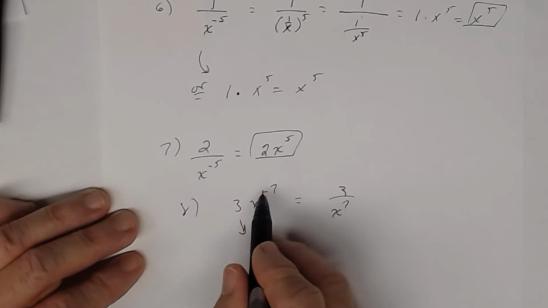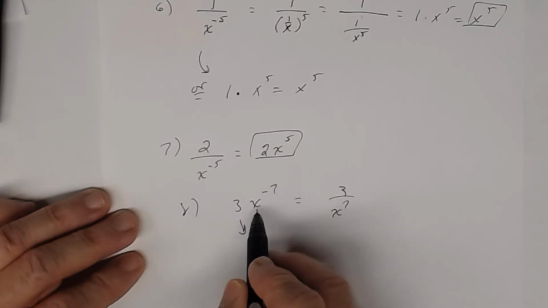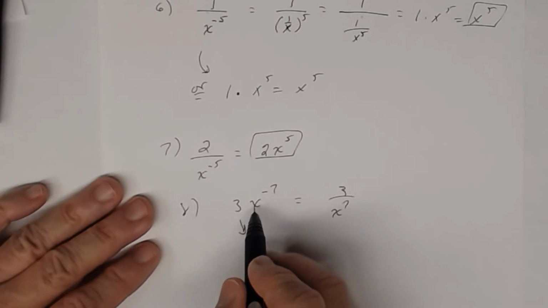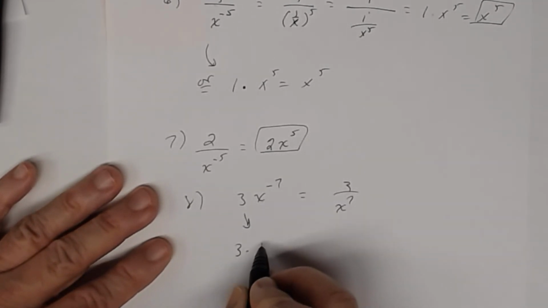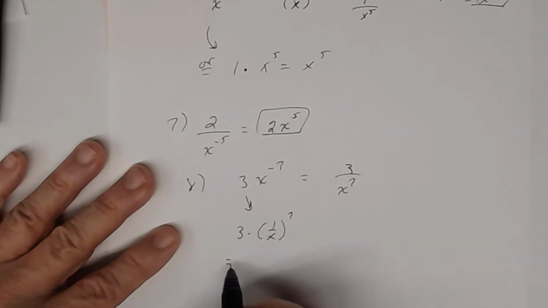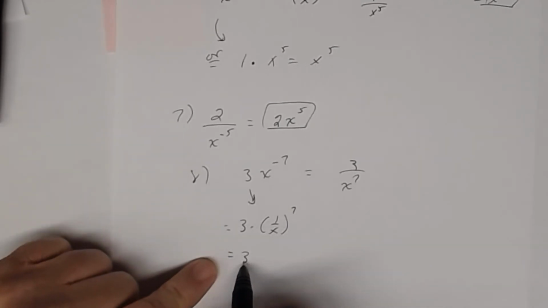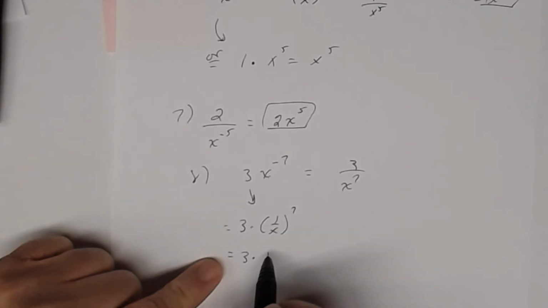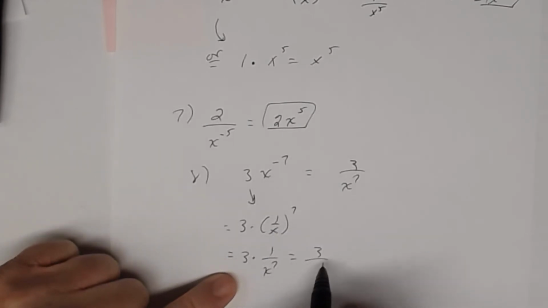If I want my exponent to be positive, I have to take the reciprocal of that base. The reciprocal of x is 1 over x. I get 3 times 1 divided by x, to the 7th. And so that becomes 3 times 1 to the 7th is 1, x to the 7th is x to the 7th, and this becomes 3 divided by x to the 7th, which is what we had here.